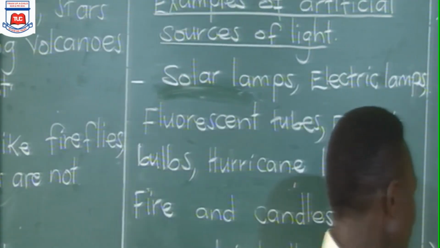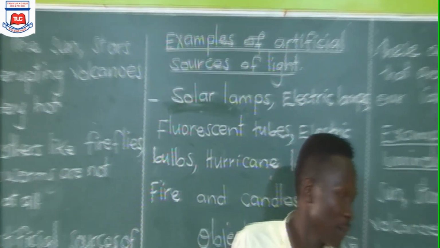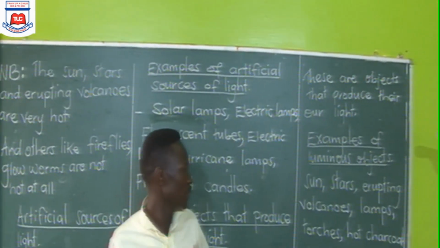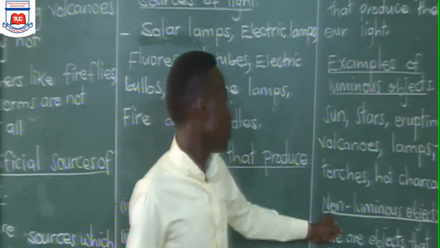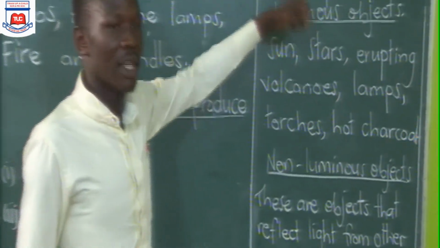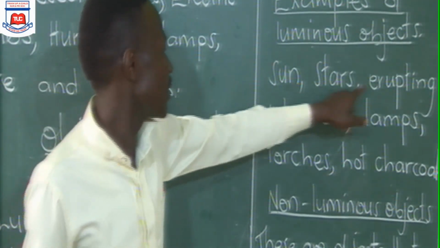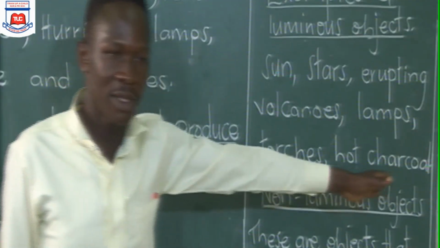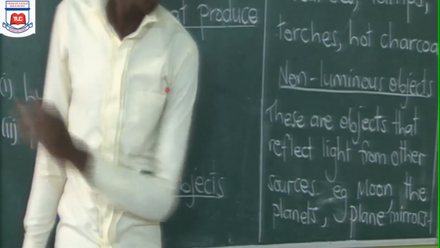Then we have torches. Torches are also capable of producing their own light. And then you have hot charcoal. When you burn charcoal, you see light and you can feel heat. So these are examples of objects that can produce their own light: the sun, the stars, erupting volcanoes, lamps, torches, and hot charcoal.